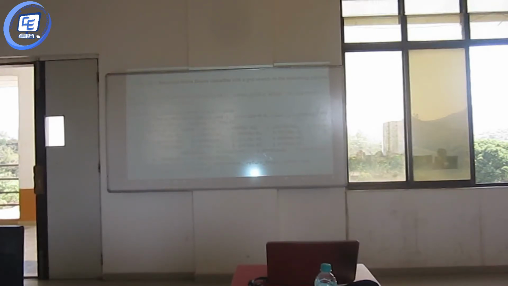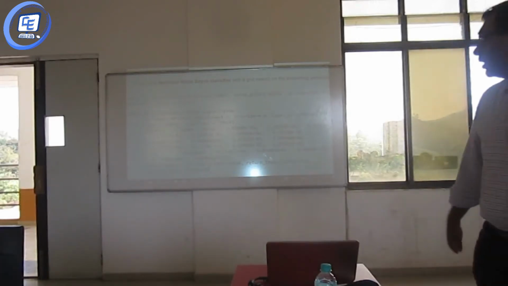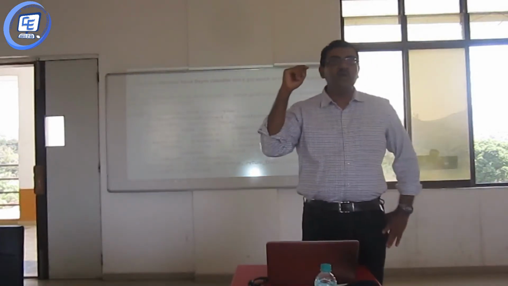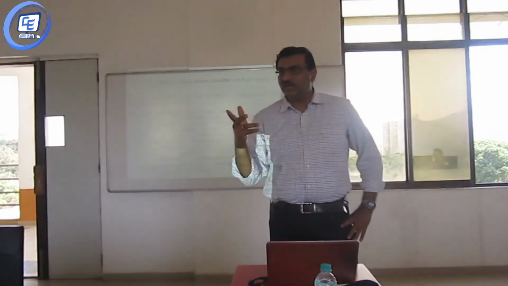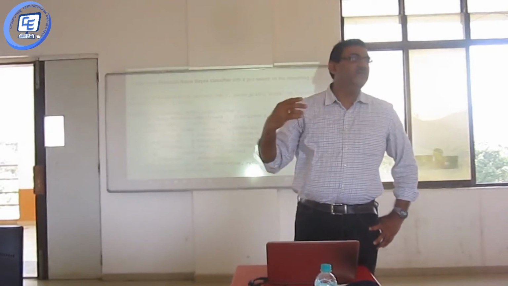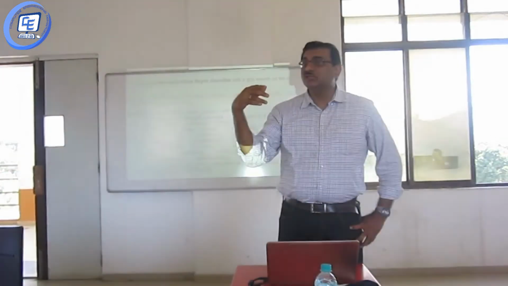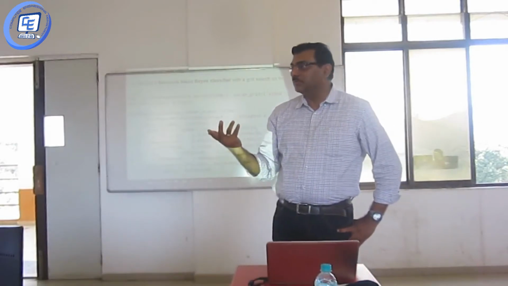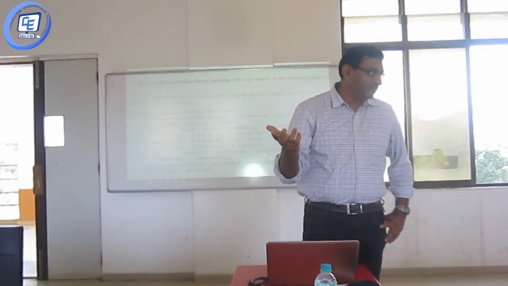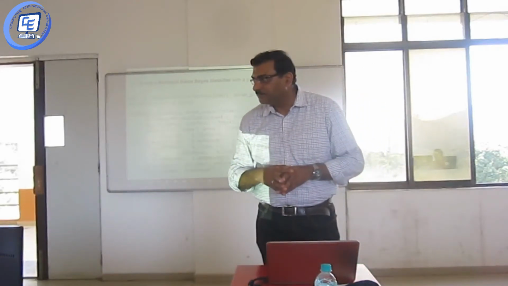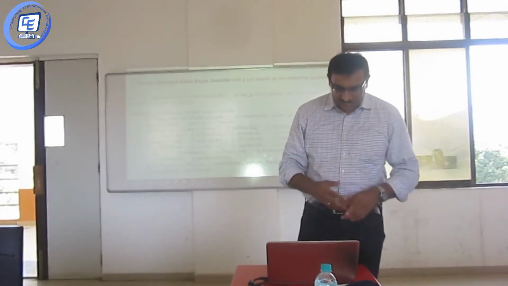Okay, now there are two types of NB classifier. If the output is binary, either this or that, then we use a Bernoulli naive Bayes classifier. But if the output is continuous or real numbers, then we use Gaussian naive Bayes classifier. In our case, we have a binary situation, either insert or not. So we use a Bernoulli naive Bayes classifier.